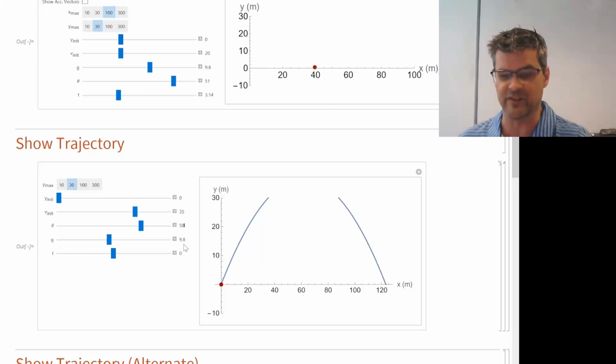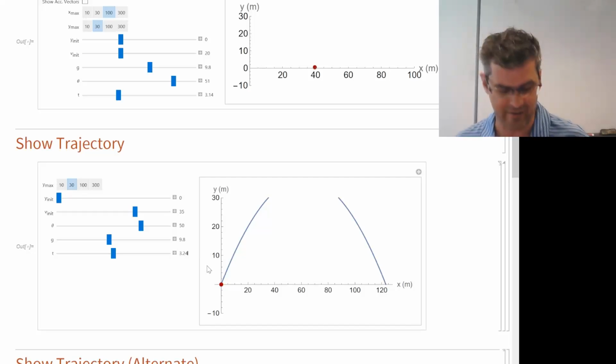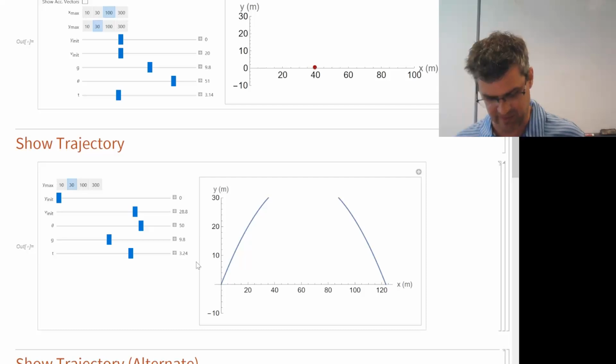That's what we were using. And we wanted to find out the velocity needed to get to a certain point and the time needed to get to a certain point. And we found a time of 3.24 seconds. I have 3.24. Great. And we said that the velocity that was needed was 28.8.